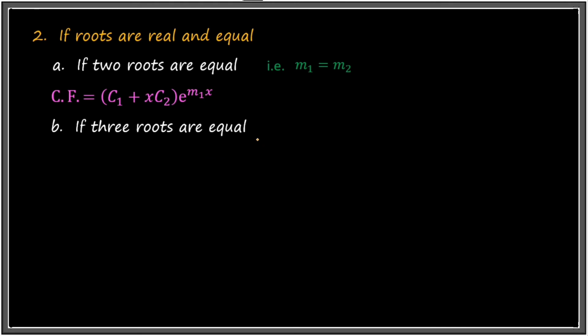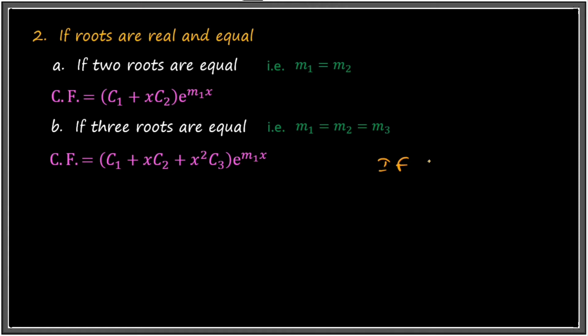If three roots are equal, that is m1 equals m2 equals m3, then CF equals (C1 plus xC2 plus x square C3) into e raised to power m1x. So if m equals 1, 1, 1, then here three roots are same.